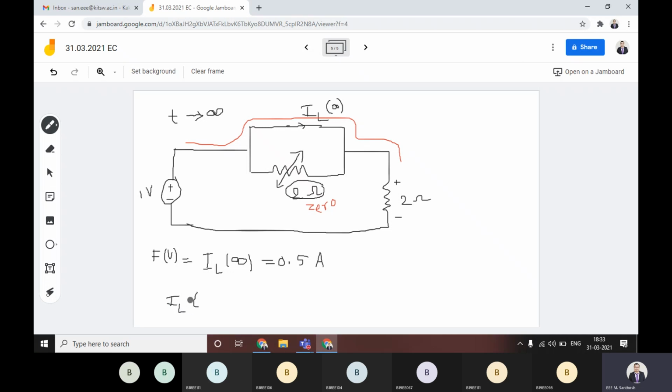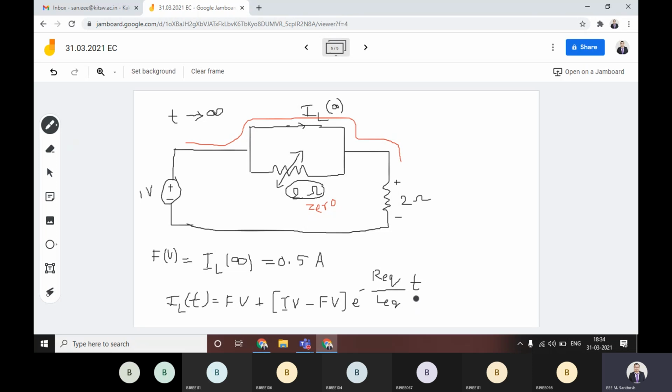Then for calculation of IL of t, there is a formula. Whenever you want to calculate this kind of transient problem, you have to remember this formula. IL of t is equal to final value plus initial value minus final value into e power minus R equivalent by L equivalent into t.